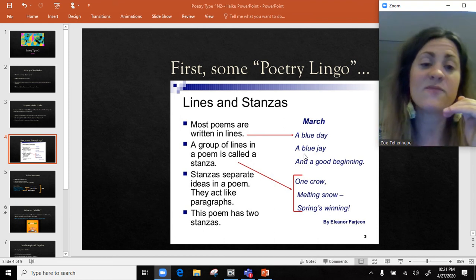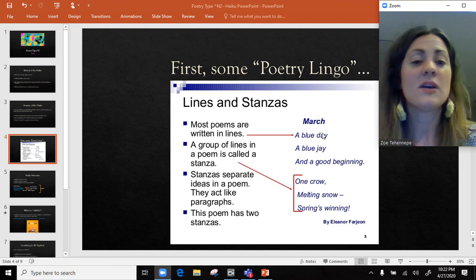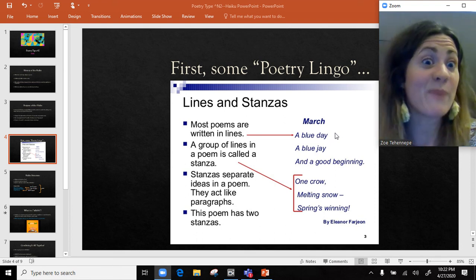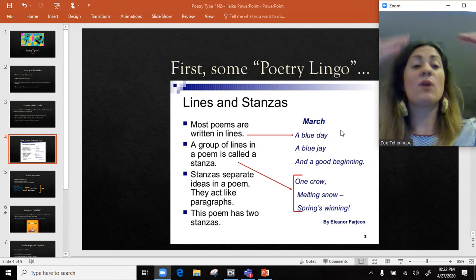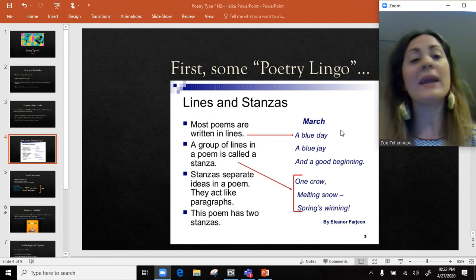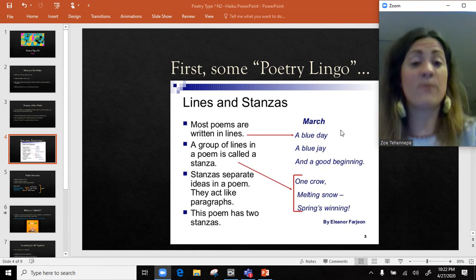So there's two parts of poetry that we need to see here. One is lines of poetry and the other is stanzas. So anytime that we have a poem like this, each line is called a line of poetry. Anytime that you go down to the next line, that is a line of poetry. It's not quite a sentence. It's just a line of poetry.